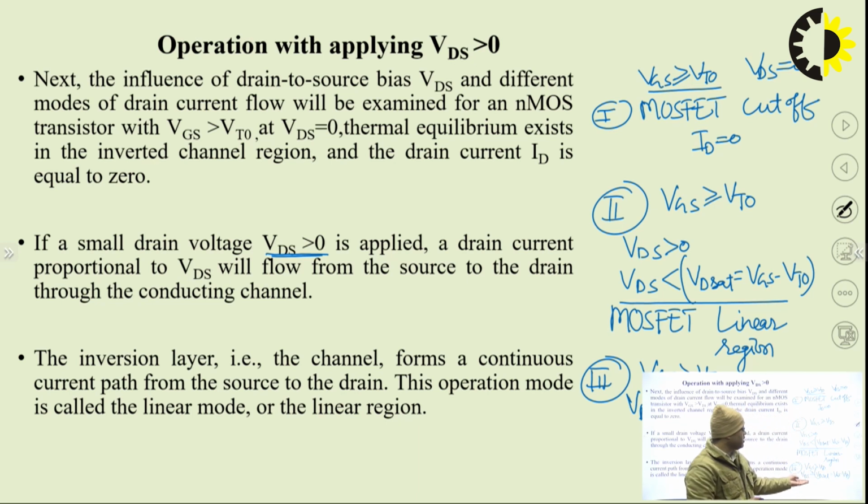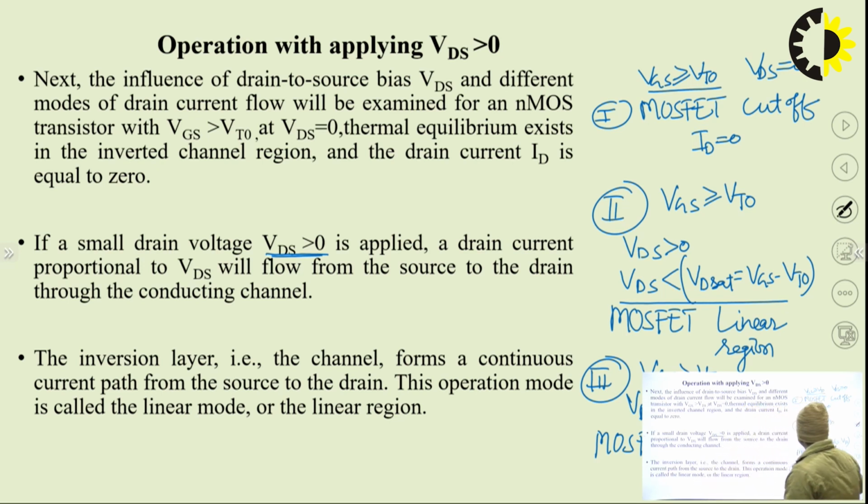If VDS is greater than or equal to VGS minus VT, then the MOSFET will operate in saturation mode. Saturation mode means the current is now saturated, and there will be no effect of varying VDS. If we want to increase ID, then we have to increase VGS.